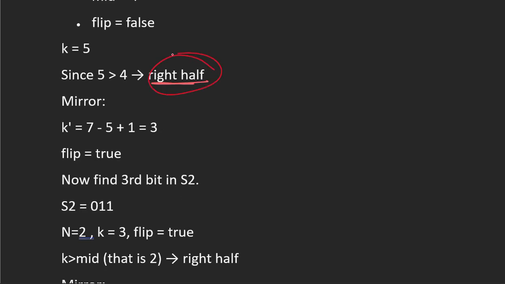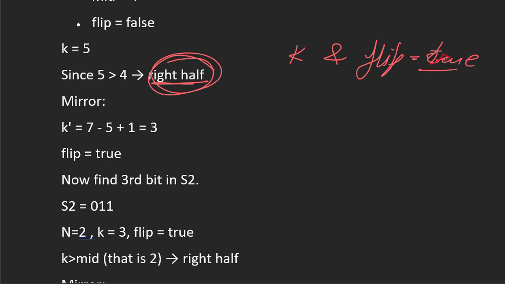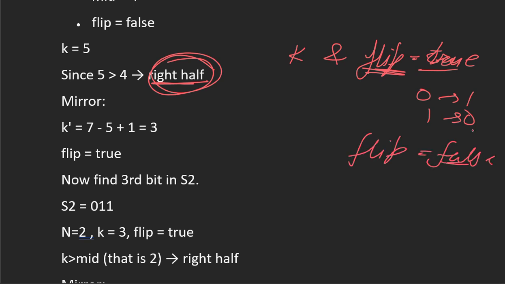And as we go in the right half, we have to update k, and we have to make flip equal to true, because if flip is equal to true, whatever answer we get, we flip the bit from 0 to 1 and 1 to 0. And if flip is false, then we won't be doing anything, we just return the bit directly.